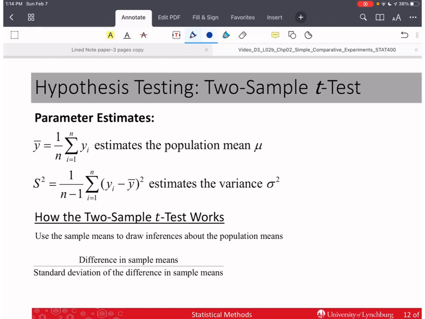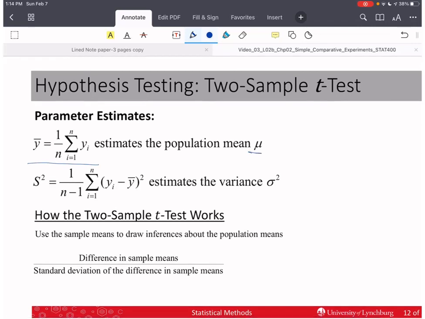Okay, so parameter estimates. Remember, y bar is the sum of the yi's divided by n. This is an estimation of mu, but if we wanted y1 bar, that's going to be 1 over n1, sum of y1j, j equals 1 to n1. So there's another way of writing the mean.